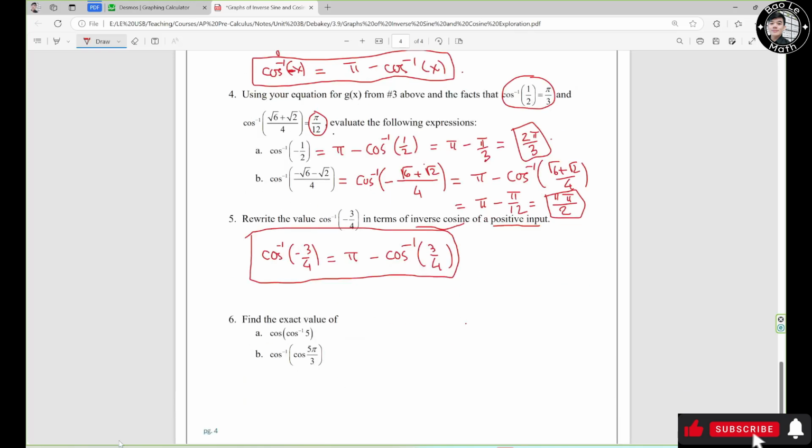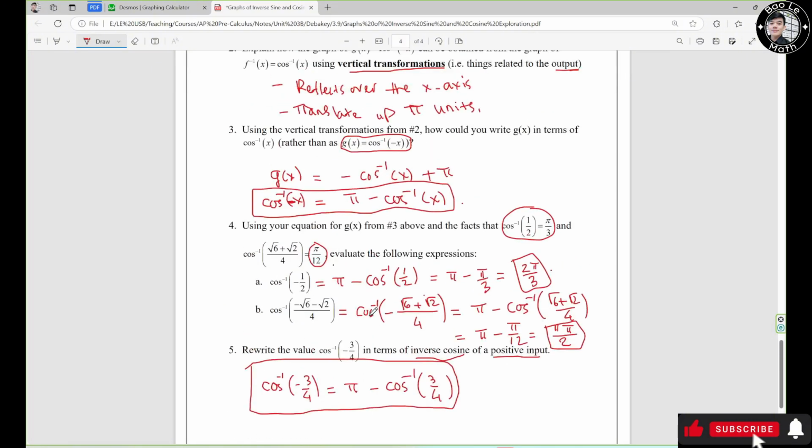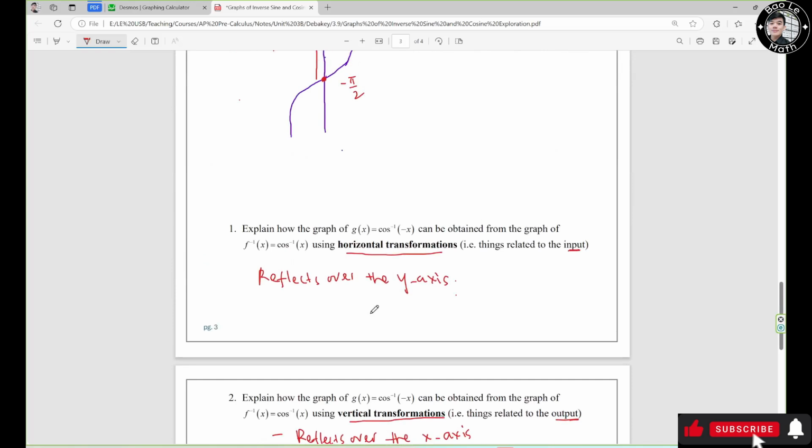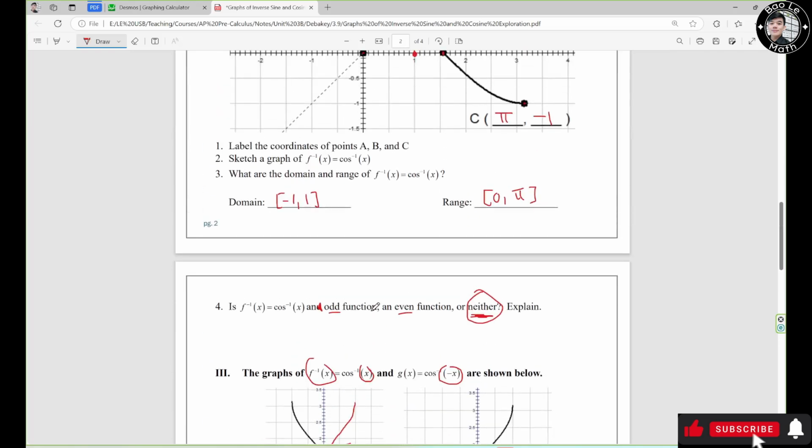Now, question number 6. Find the exact value of cosine inverse of phi. Now look at this one. Phi in this situation is the input of the inverse cosine. We look for the domain of the inverse cosine right here, because phi is the input. So the domain is going to be right here, -1 to 1 only.